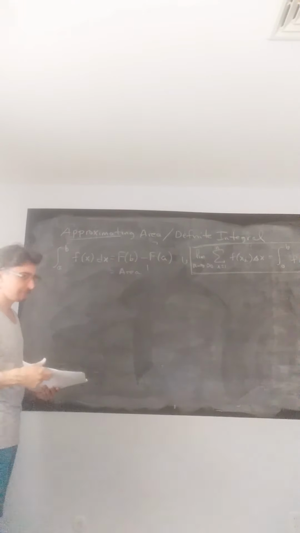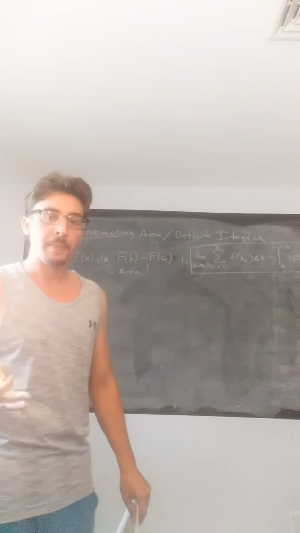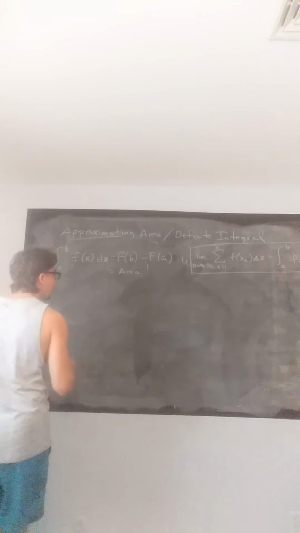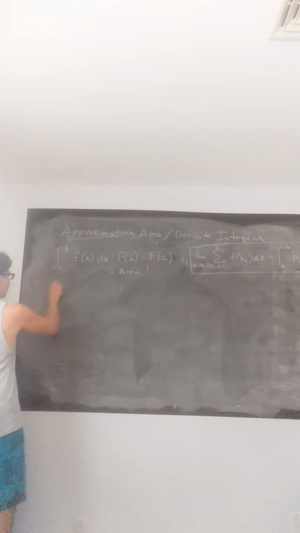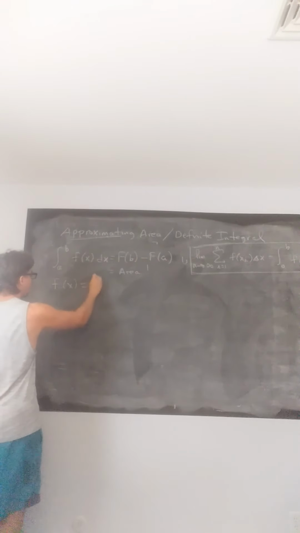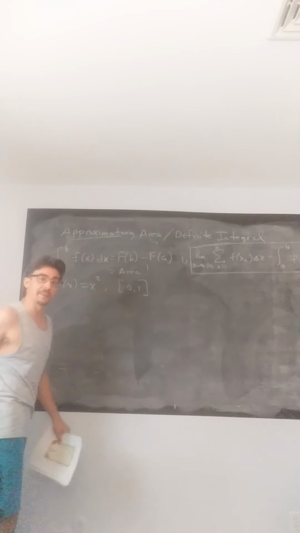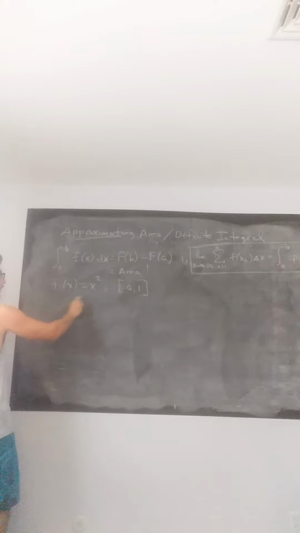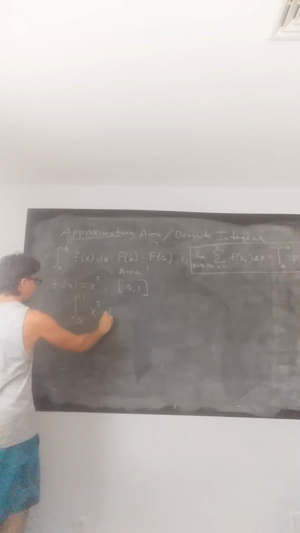So that makes our life easier because you know how to evaluate an indefinite integral. Now we're just going to slap numbers on it. So let's actually take a look at what the exact area of x squared is over the interval from 0 to 1. Let's find out what that actual area is. So that means now we can write this as the definite integral from 0 to 1 of x squared dx.